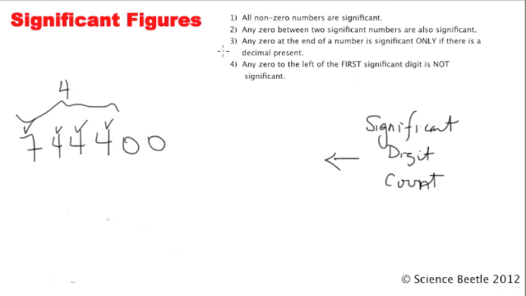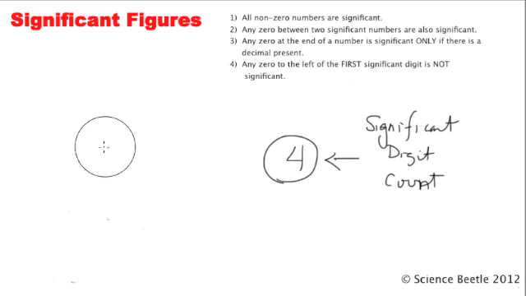Rule number 2 really doesn't apply because there are no zeros in between these non-zeros. Rule number 3 applies because we do have some zeros at the very end, but we don't see any decimal here, so these zeros are not significant. And rule number 4 doesn't really apply here because there are no zeros to the left of the first significant figure. So the significant digit count is 3 for this particular problem.